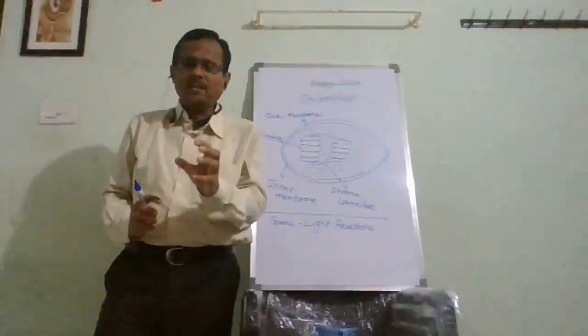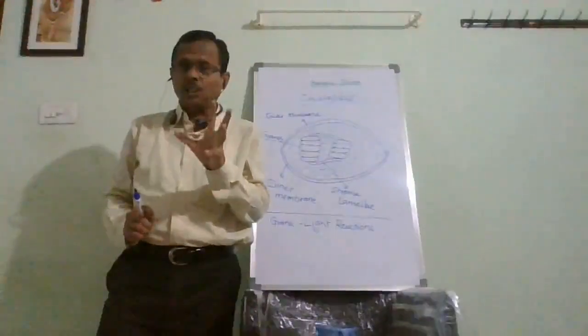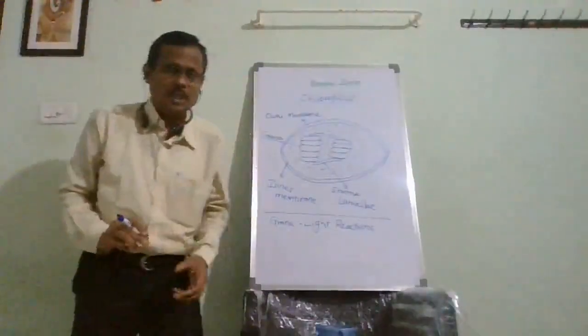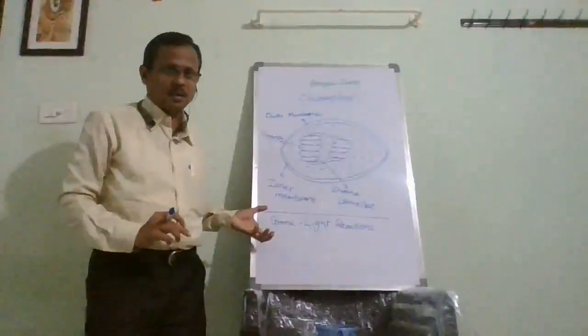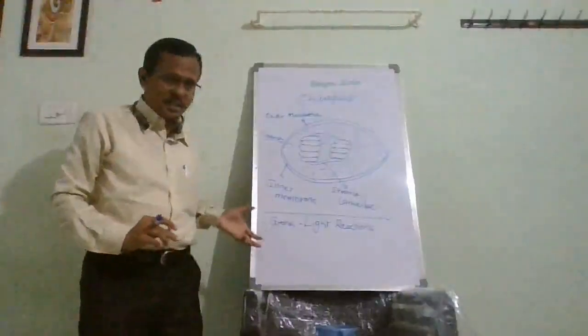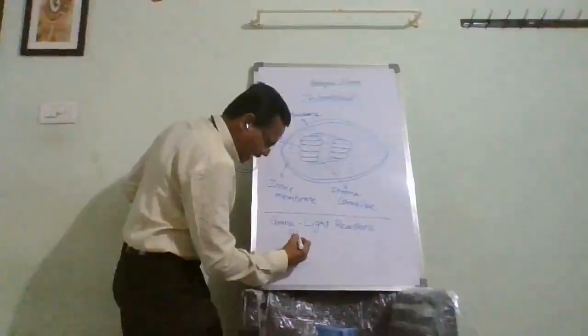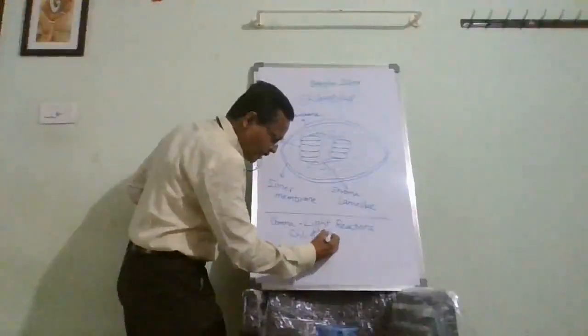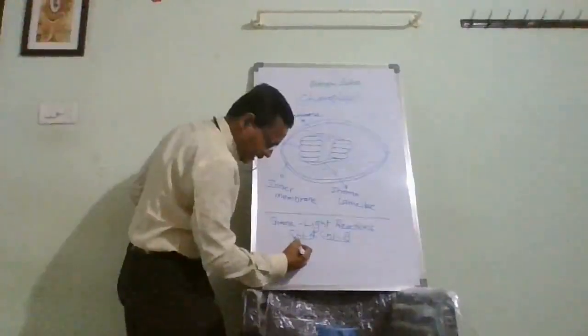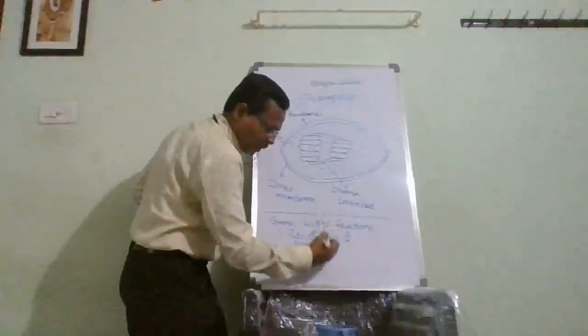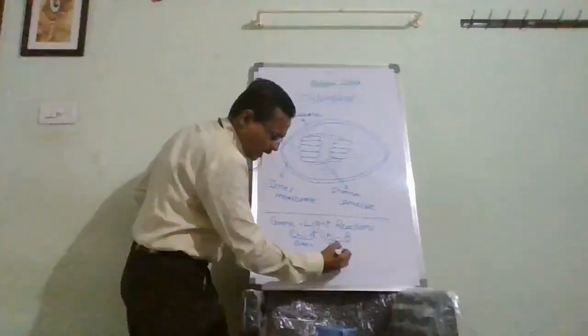Here the sunlight, which contains energy particles called photons, is trapped or absorbed by these grana. And this grana contains chlorophyll A and chlorophyll B. Chlorophyll A is green in color and chlorophyll B is yellow in color.